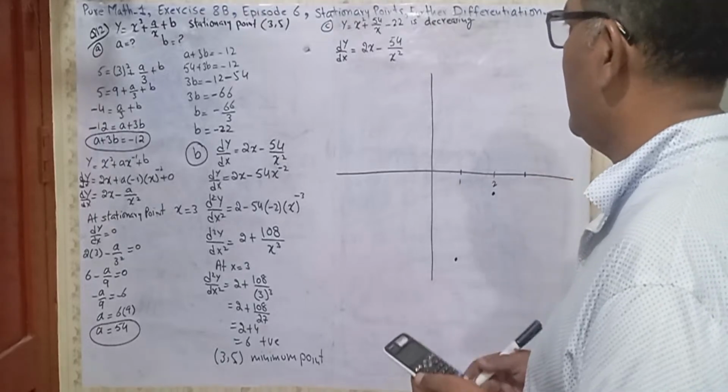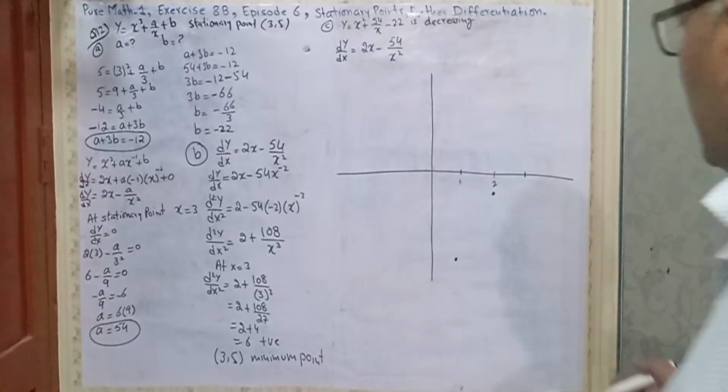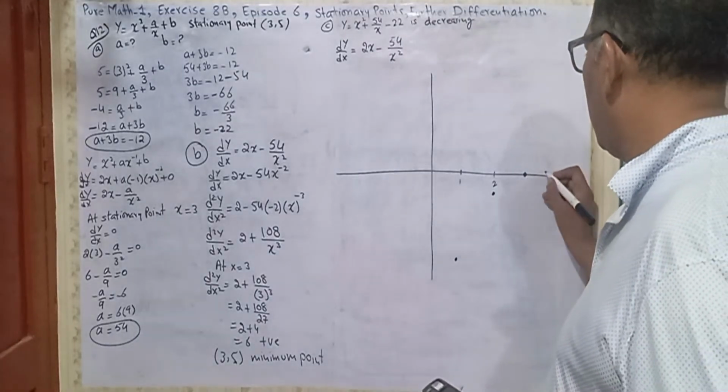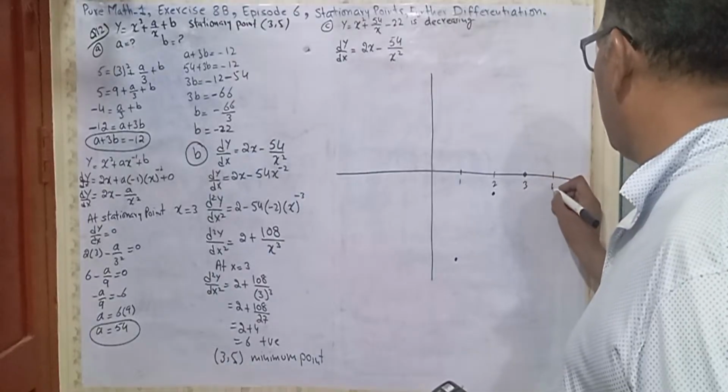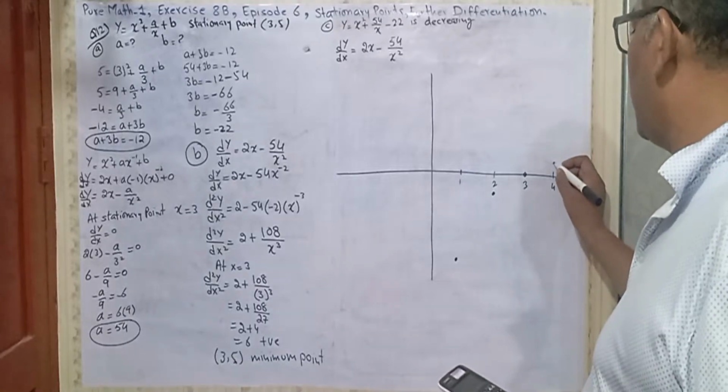At 3, if I put 3, then 2 multiply 3 minus 54 divided by 3 squared, so you will get 0. At 3, this is 0. And at 4, what will be the value? At 4, it will be 2 into 4 minus 54 divided by 4 squared, that will be positive 4 point something.